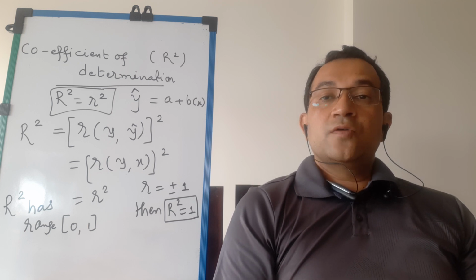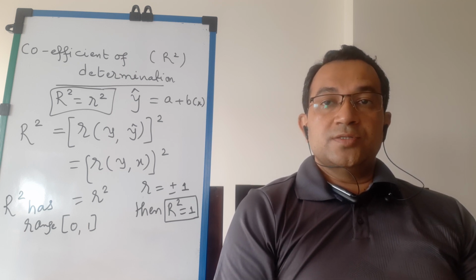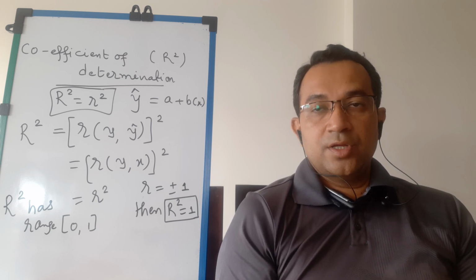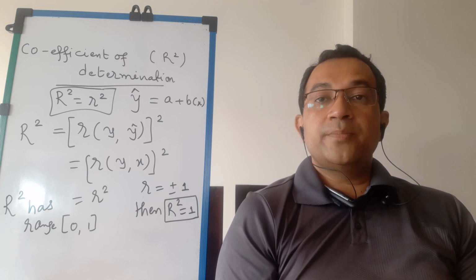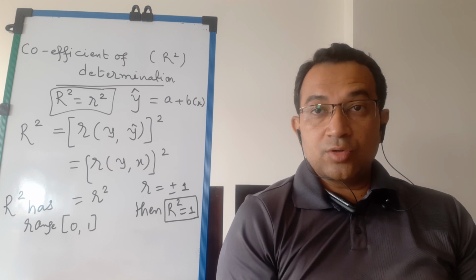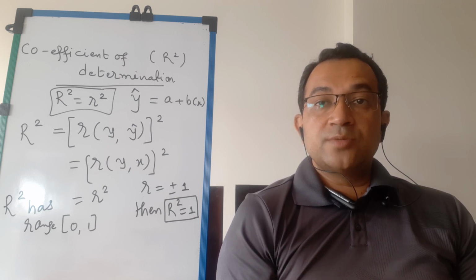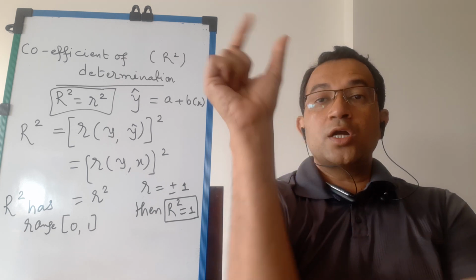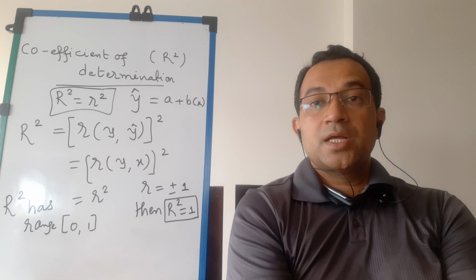So range of capital R square is closed interval 0 to 1. So minimum value is 0. So when, students, the value of capital R square is close to 0, we will say the assumption of linearity of regression invalid. What does this line mean?